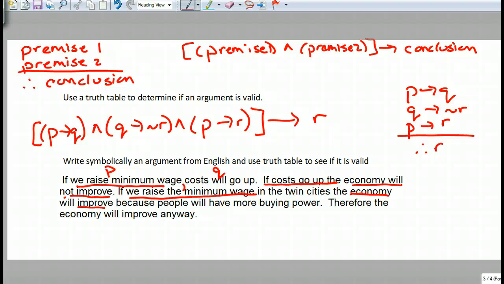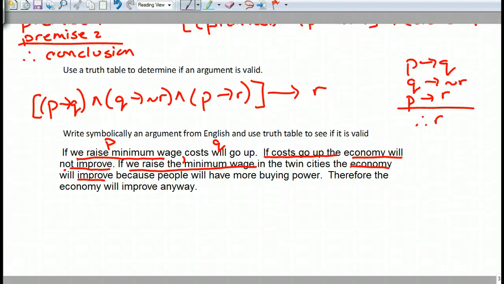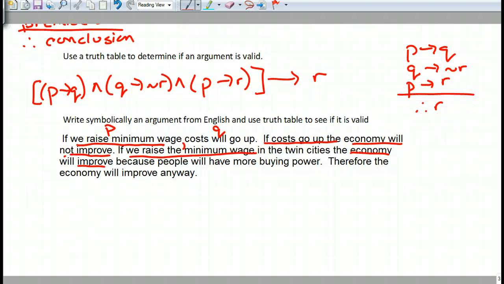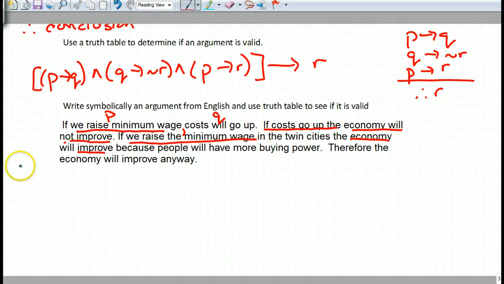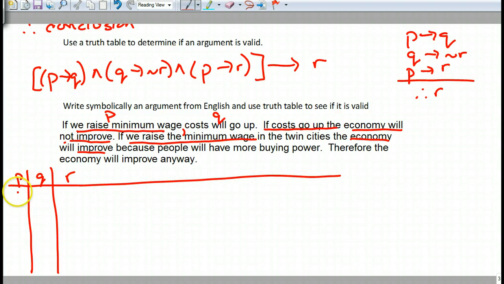So from here, we're going to make our truth table. So we have 3 variables. So that means we need 8 rows on this. You're starting off with true, true, true, true. False, false, false, false.